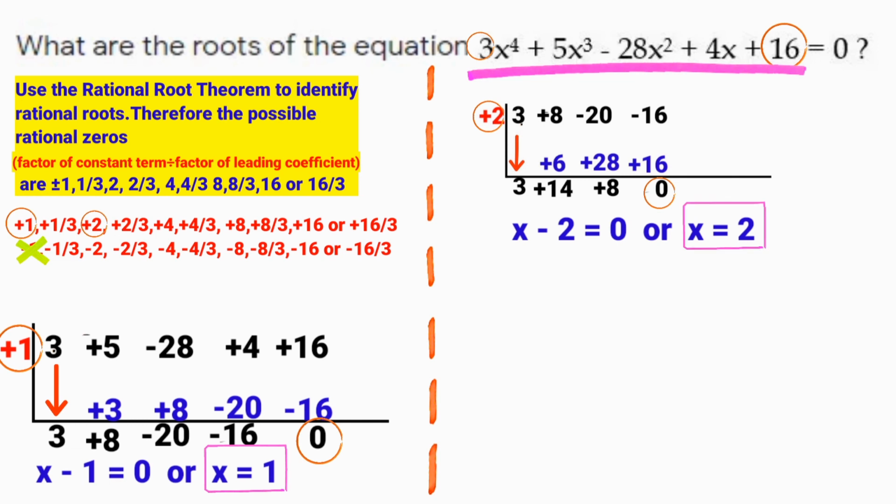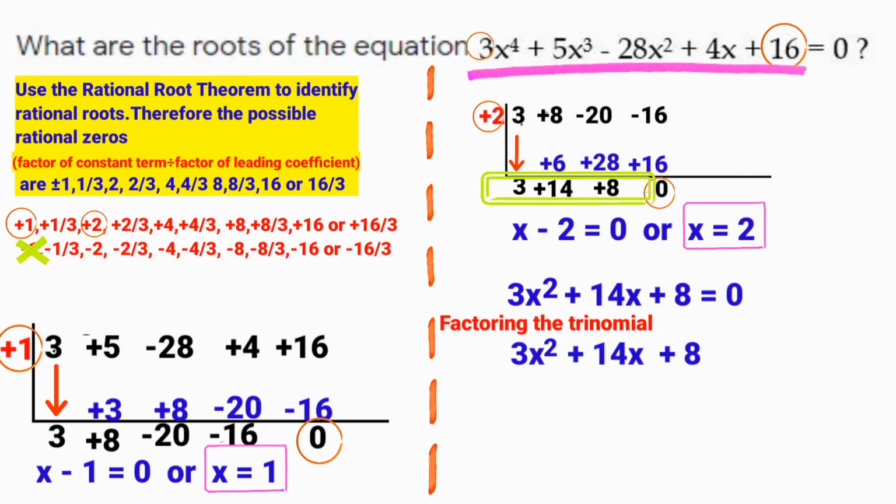Now we only have 3 terms. We could get the trinomial 3x squared plus 14x plus 8 is equal to 0. Factoring this equation, we will get the quantity 3x plus 2 times the quantity x plus 4. Equating 3x plus 2 is equal to 0, you will get x is equal to negative 2/3.